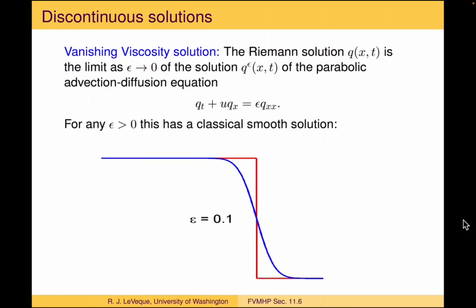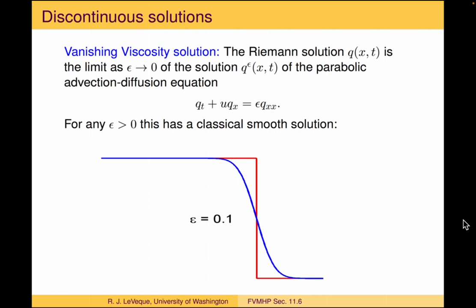You can also interpret this discontinuous solution as being the limit as epsilon goes to 0 of the solution of this parabolic equation, the viscous equation or dissipative equation, where we put epsilon q_xx on the right-hand side. This was discussed before. So this equation, as long as epsilon is positive, has a smooth solution for all time.